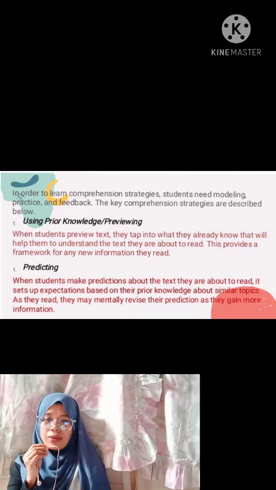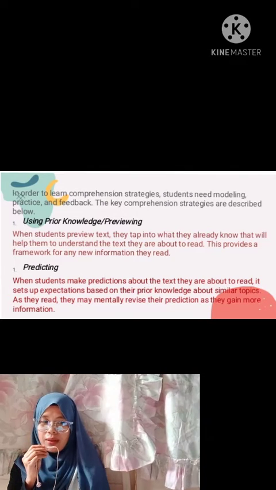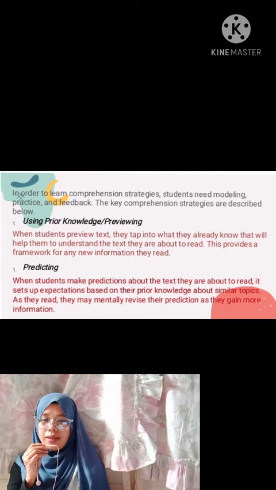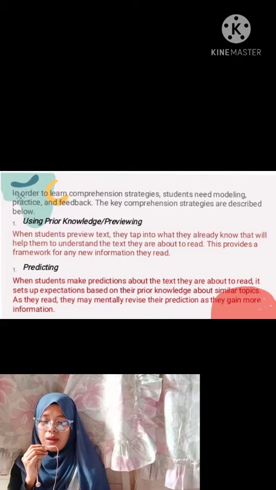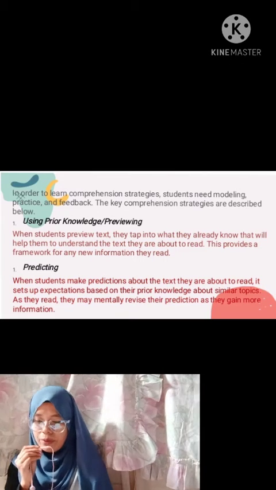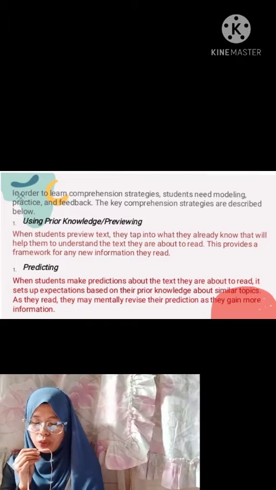Number 2 strategies is predicting. When students make predictions about the text they are about to read, it sets up expectations based on their prior knowledge about similar topics. As they read, they may mentally revise their prediction as they gain more information. Predicting requires the readers to do two things.